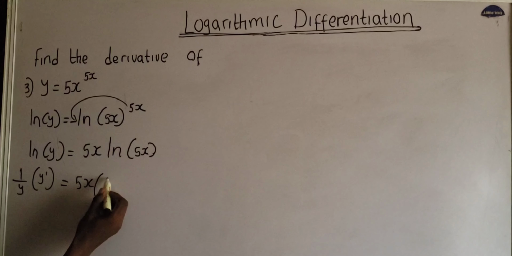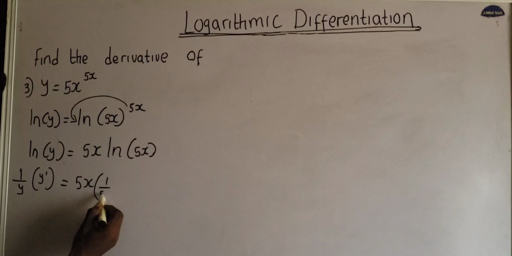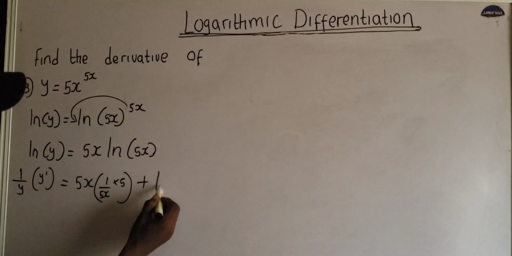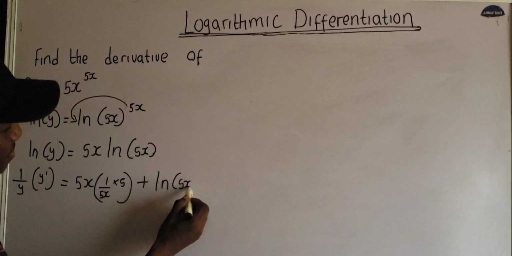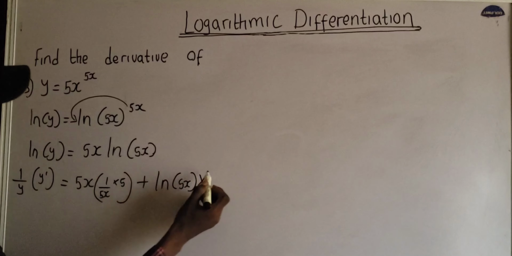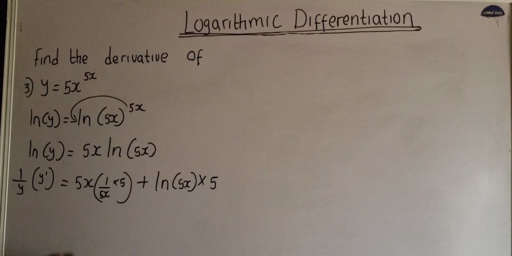The derivative of ln 5x is 1 over 5x multiplied by 5, plus ln 5x multiplied by the derivative of 5x, which is 5. I used the product rule to differentiate the right hand side.